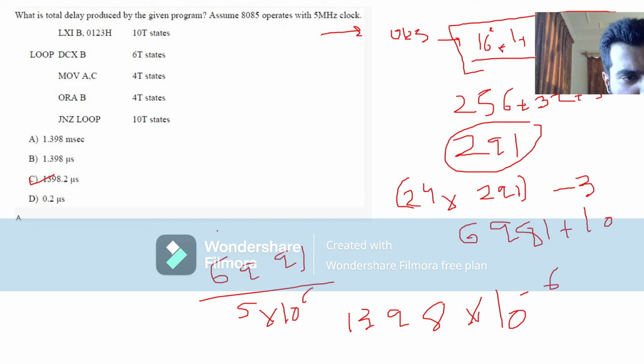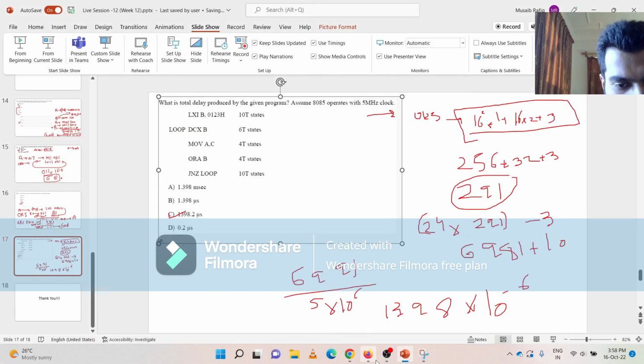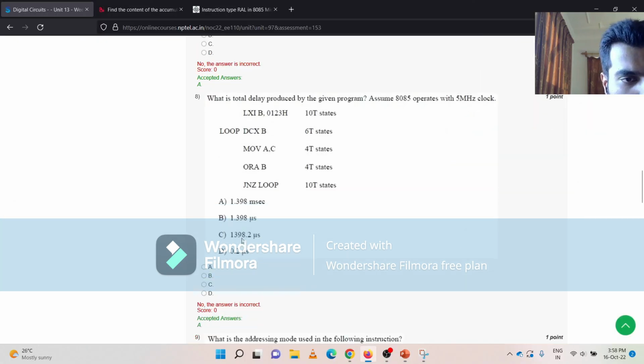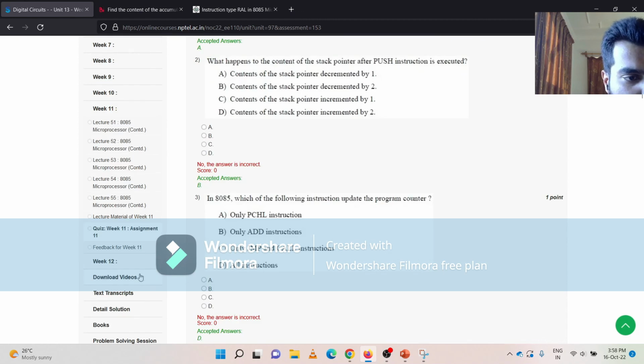The answer is given as option A. So let me just check their solution. What have they done? They must have given A, but let me just check their solution.